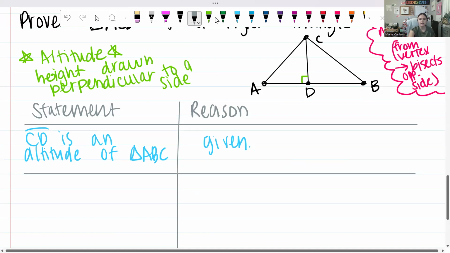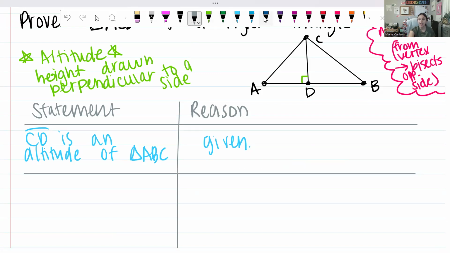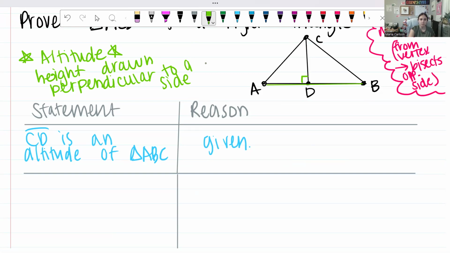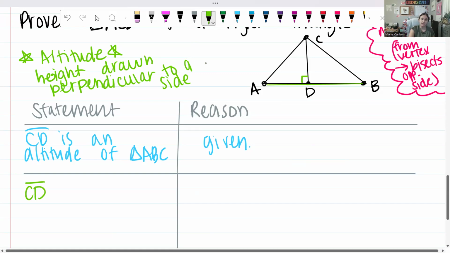So I'm going to say, now that we know that this is an altitude, it's perpendicular. This entire segment AB is perpendicular to that altitude. So CD is perpendicular to AB.